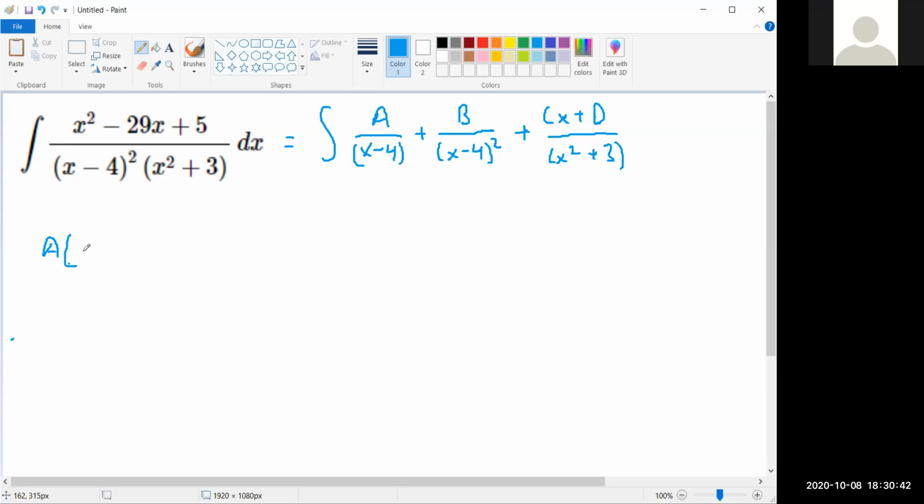This is A times x minus 4 squared, x squared plus 3, plus B times the other factors, x minus 4, x squared plus 3, plus Cx plus D times x minus 4.